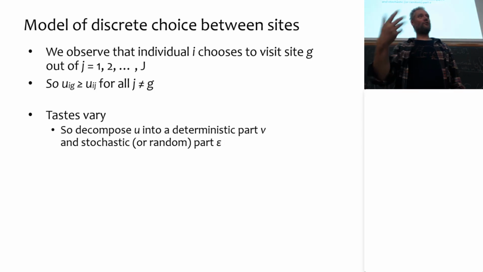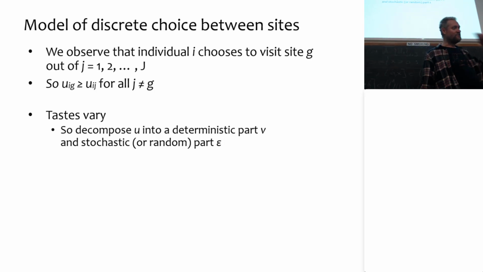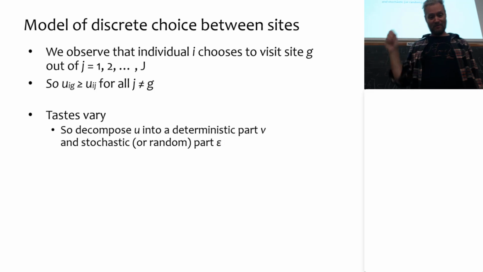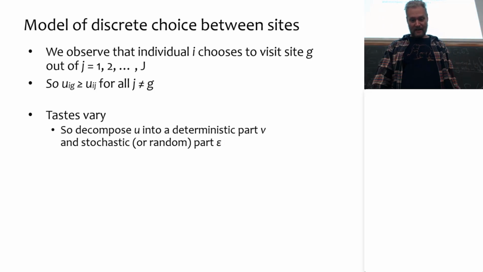Then what we assume in the econometrics is that there is an intrinsic, fixed value to the utility of this particular site, and then there's random variation around that value. So we split this utility U that you see here, and we know that Ug must be greater than Uj for all other J's.